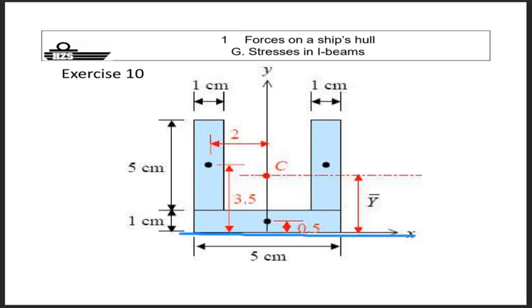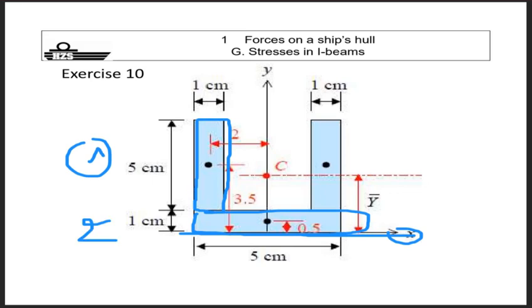How do you calculate the moment of inertia around this one? This is easy. It's just the parallel axis theorem, which means that we need to calculate, if you take this as element 1, this below as element 2, and this below as element 3.